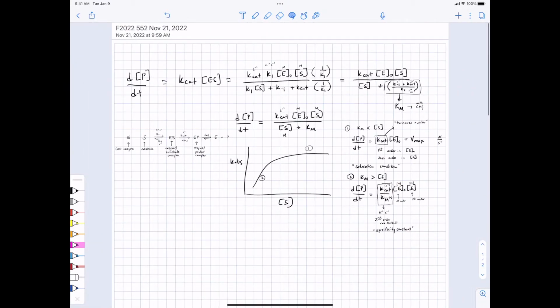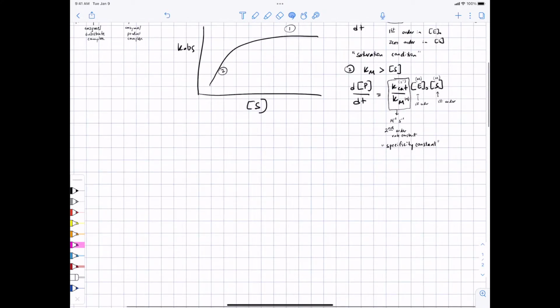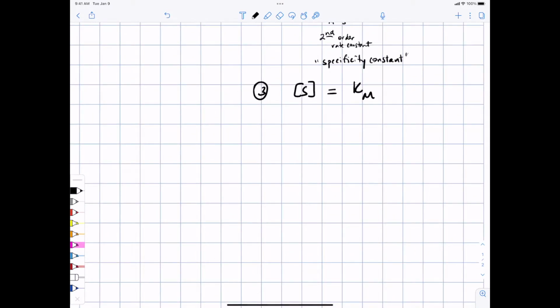Move that over there. Let's deal with a third situation, and that is, what if we're at a concentration where substrate concentration is the same as Km? All right, well then dP/dt should equal Kcat times enzyme concentration times substrate concentration.